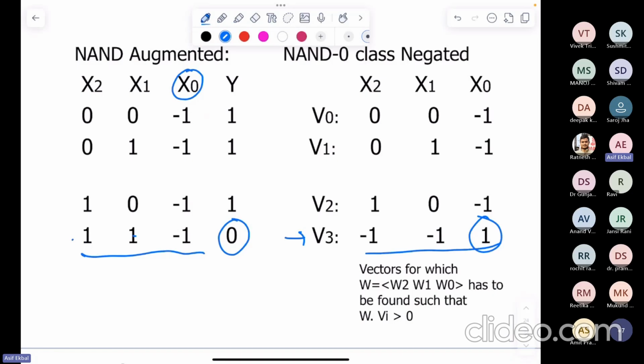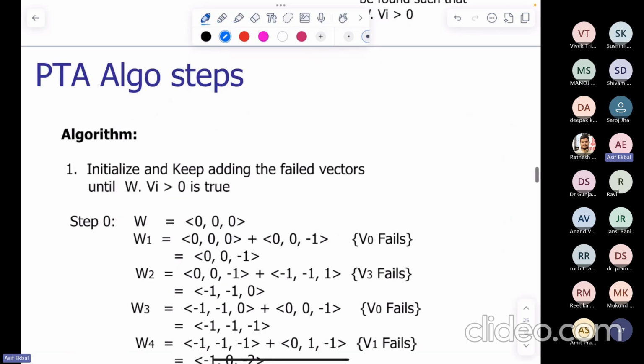So these are your input vectors: 0 0 -1, 0 1 -1, 1 0 -1, -1 1 0. Now you have to start doing the training.